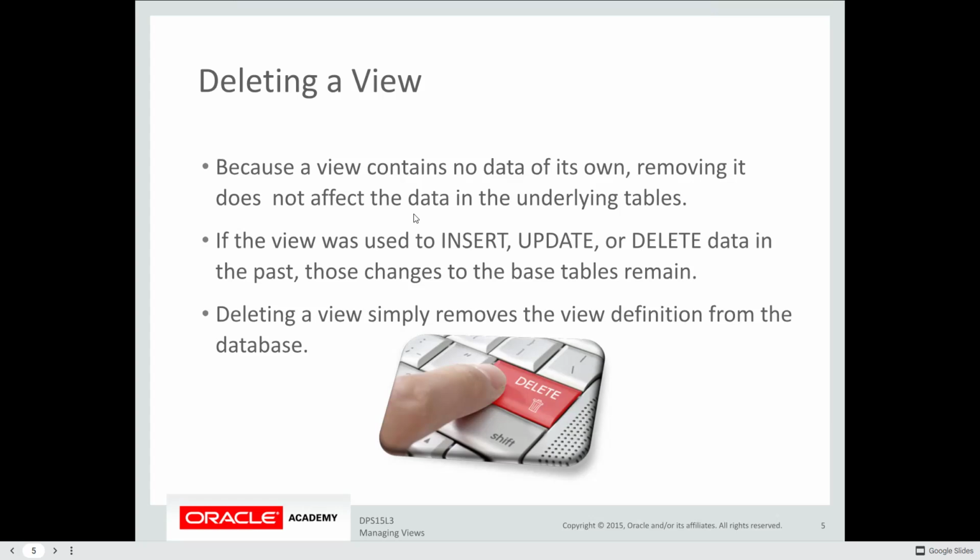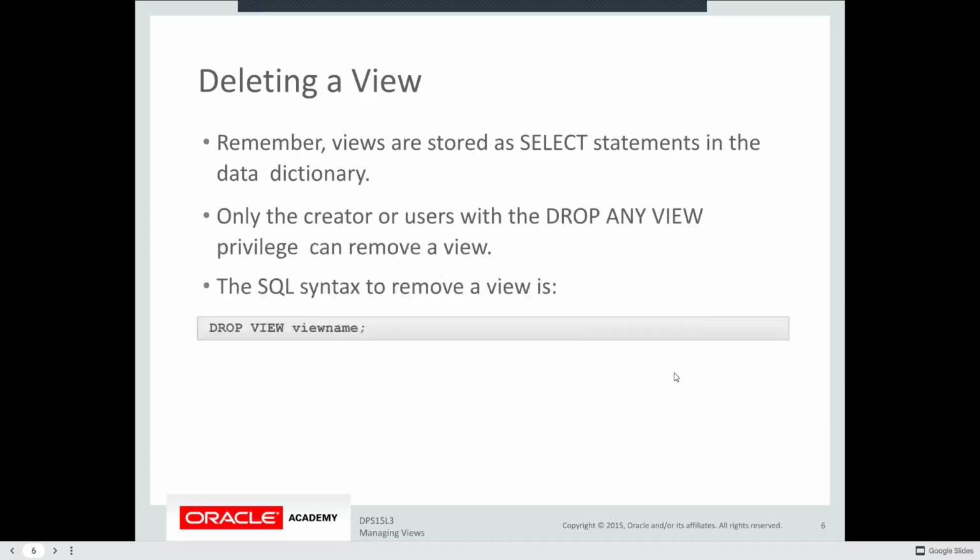But deleting the view is very simple. You basically remove it as an object in your database. So remember, views are stored as select statements in the data dictionary only. The syntax is simply DROP VIEW and the view name. Just that simple. No complexity there, right?